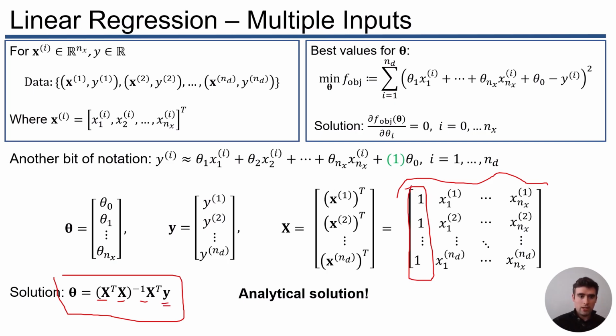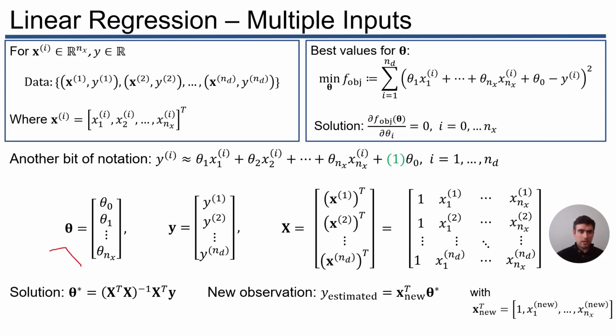And the y is again this vector of outputs. Here T is the transpose and -1 is the inverse. Basically this is the closed form expression where I only need to have the data points y and x, which I have because this is the data that I have collected, and it gives me the optimal parameters that fit the best plane or hyperplane to the data that I currently have.